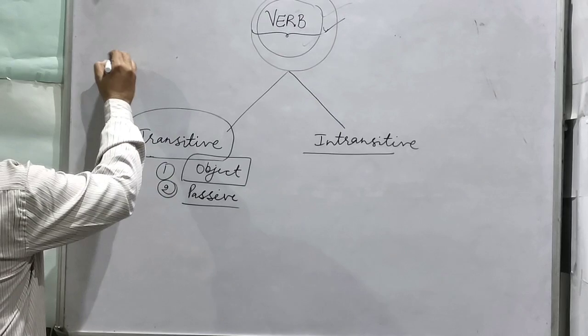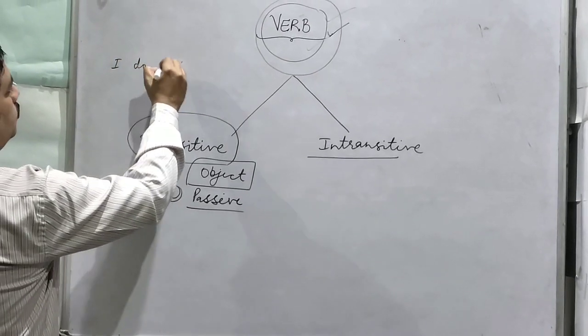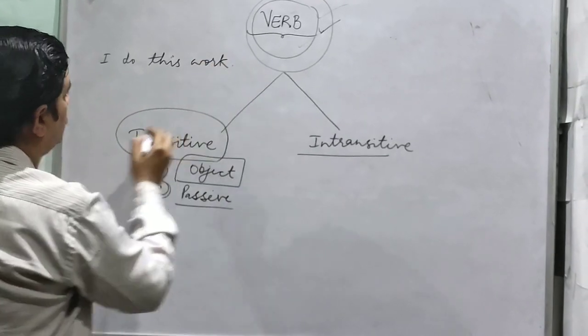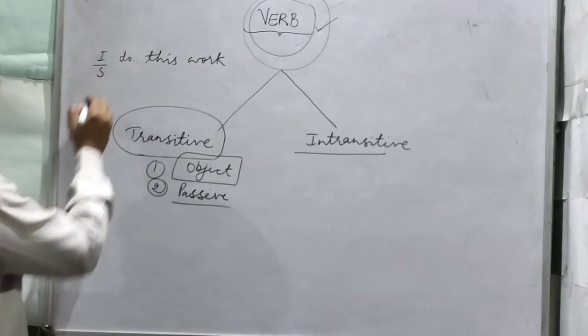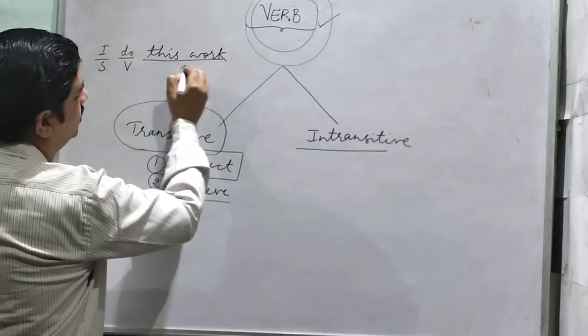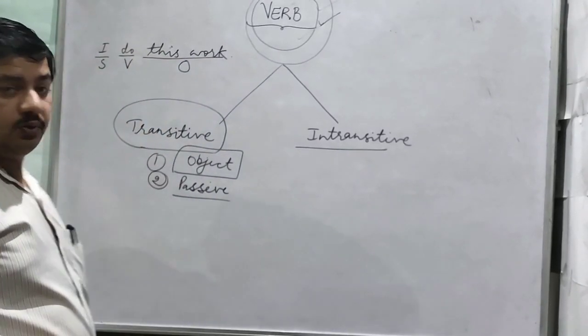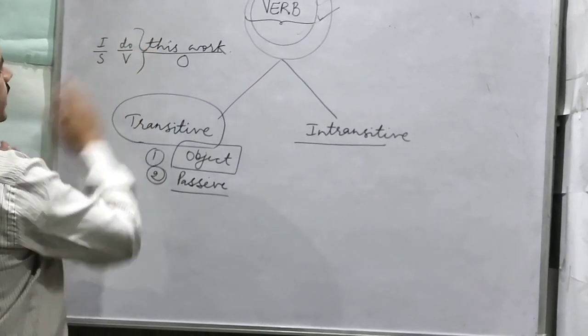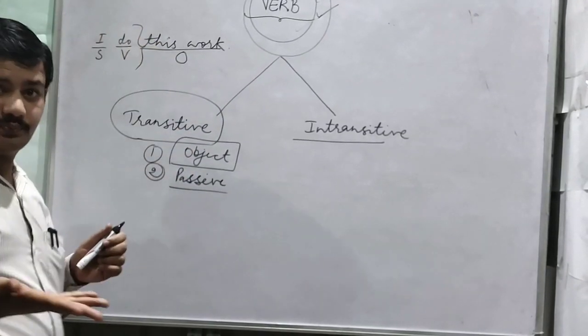Listen, I do this. Here I is the subject, do is the verb, and this is the object. See, I do, and you feel the question is what.